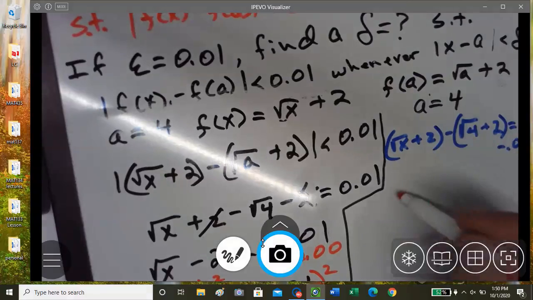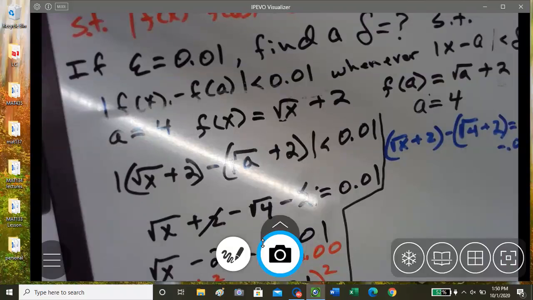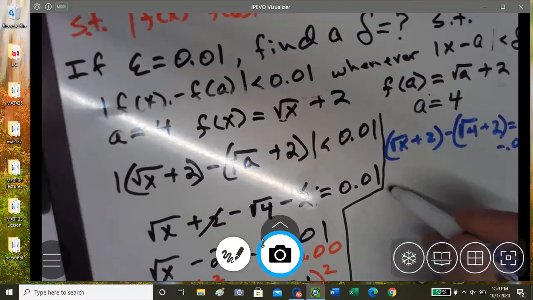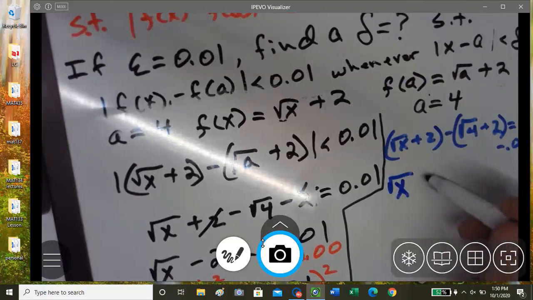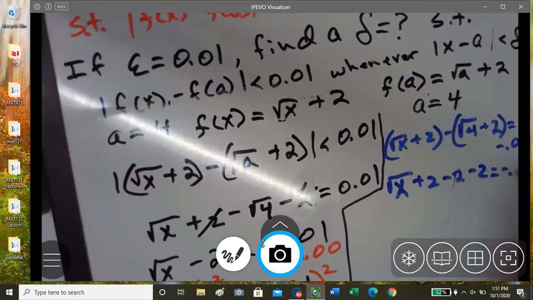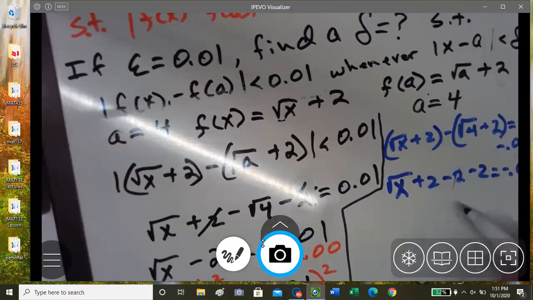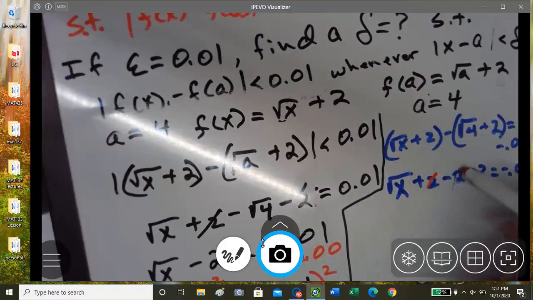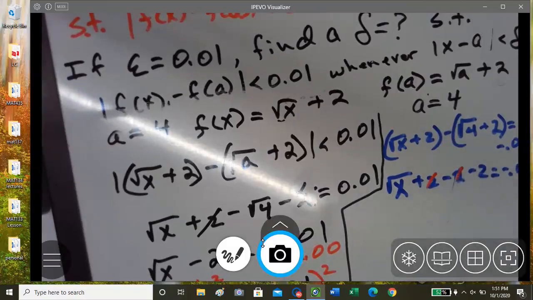So we have positive 0.01, now we're going to use a negative 0.01. All right, so we get the square root of x plus 2 minus the square root of 2, and then distribute that, that's a minus 2 there, equals negative 0.01. So again, positive 2 and negative 2 cancel out.